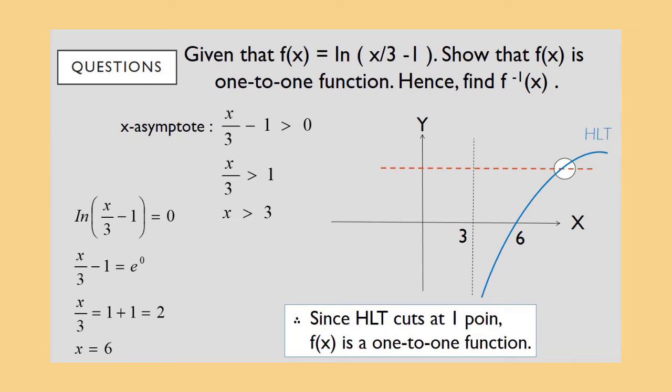When our line touches the x-axis, we need to search the y-intercept when x equals 0. ln of (x over 3 minus 1) equals 0, so x over 3 minus 1 equals exponential 0. Remember, exponential 0 is 1. So x over 3 equals 1 plus 1, which is 2, so we get the intercept as 6. Conclusion: since the horizontal line test cuts at 1 point, f(x) is a one-to-one function.